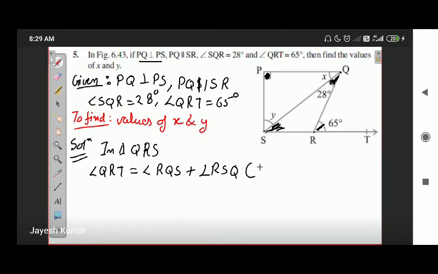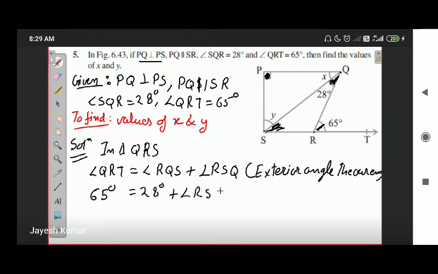Exterior angle theorem. Now we already know the value of angle QRT, that was 65 degree. Angle RQS is 28 degree plus angle RSQ. So the value of angle RSQ should be equal to 65 degree minus 28 degree.